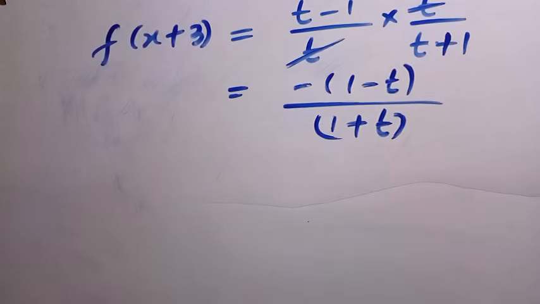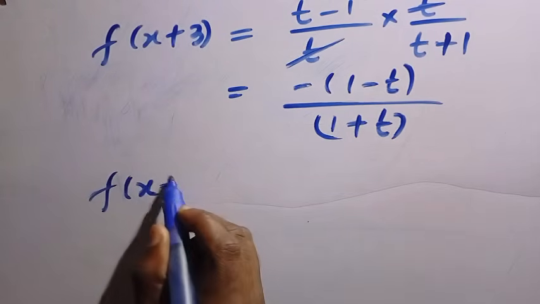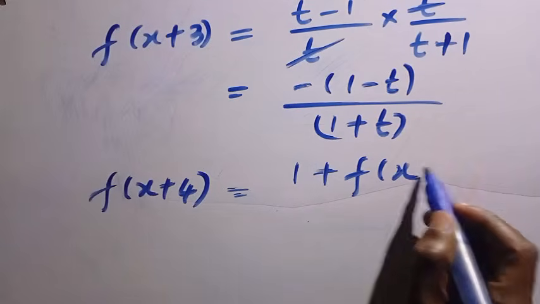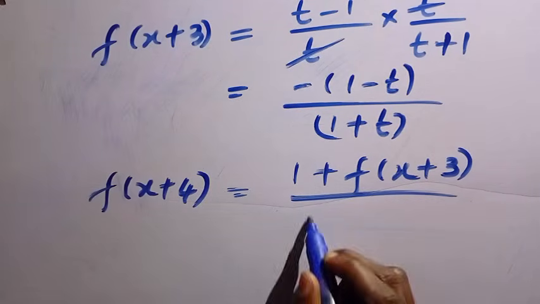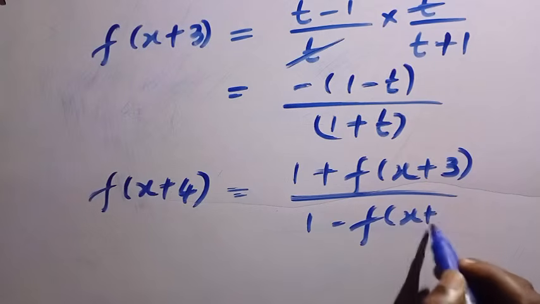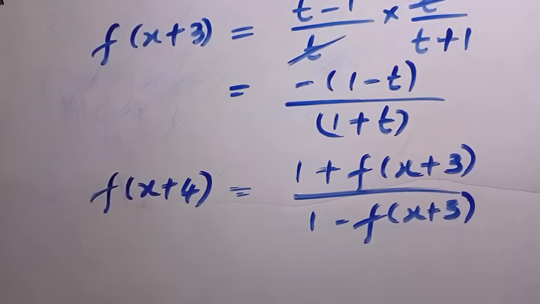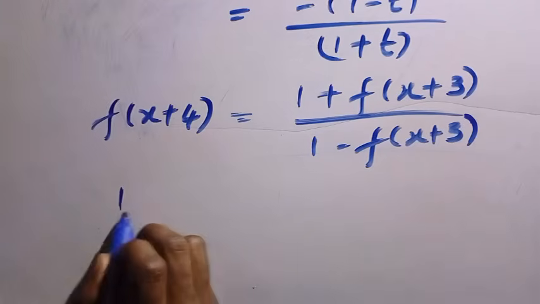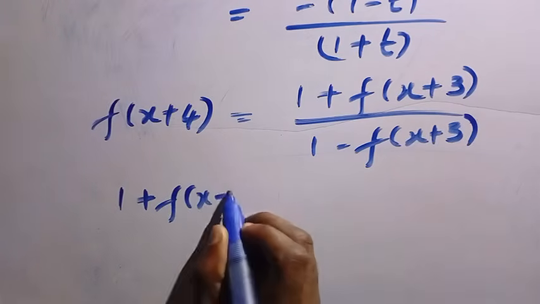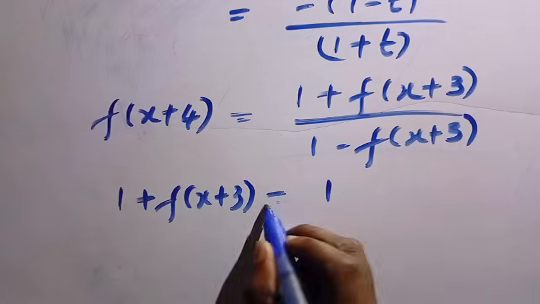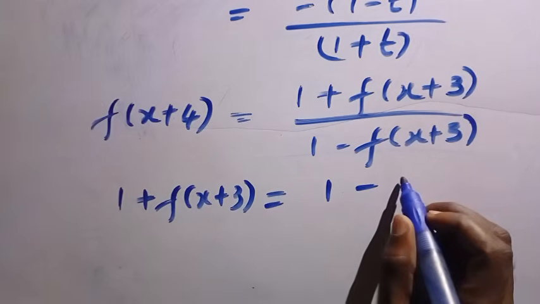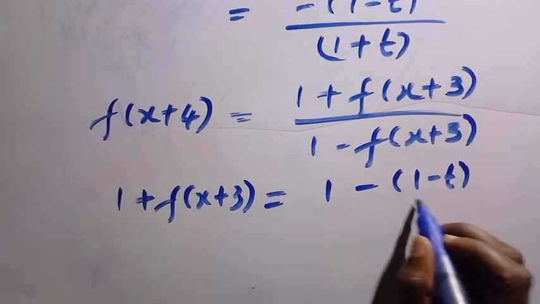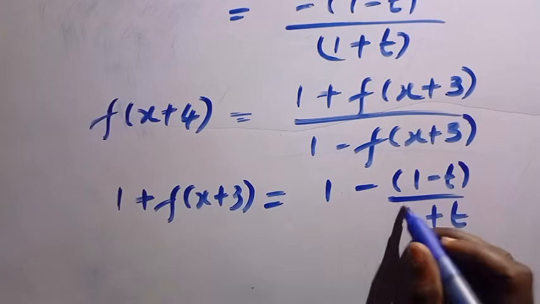And again, f(x+4) equals 1 + f(x+3) divided by 1 - f(x+3). Finding 1 + f(x+3), we have 1 minus (1 - t)/(1 + t).